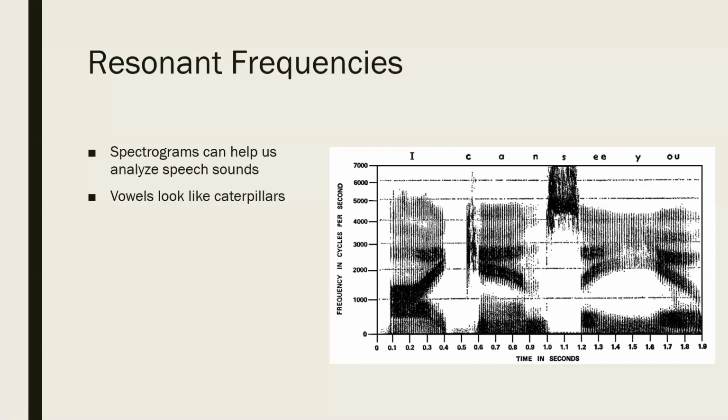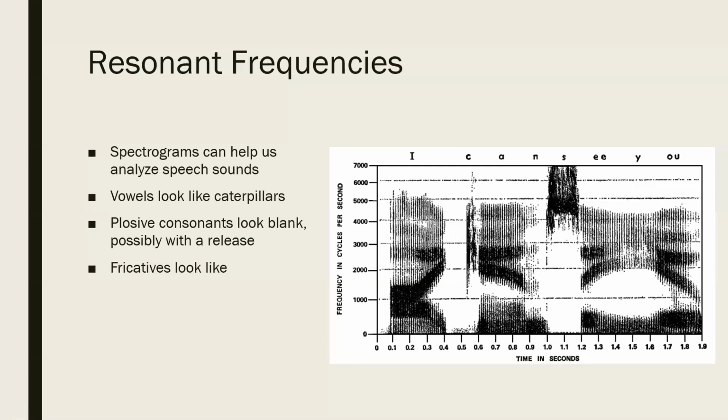When we look at a diagram like this, we can see that vowels kind of look like caterpillars. Those correspond to areas of strong resonant frequencies. And as I mentioned, consonants correspond to a closure of the vocal tract. So that means there's not really any sound being produced in these areas, so they look blank, but there might be a little bit of a release after that in the diagram.